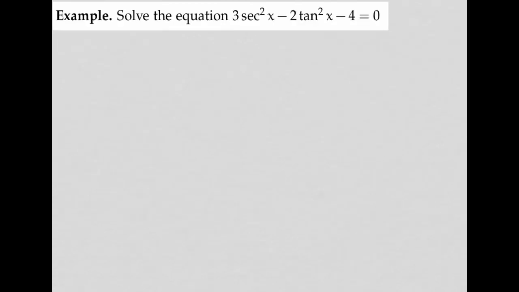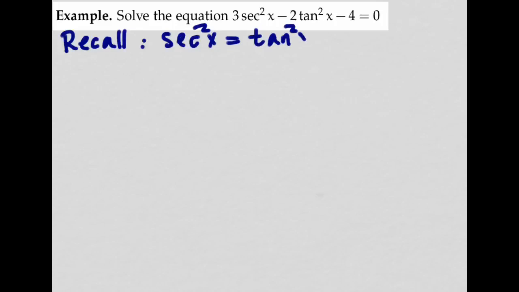Next example, let's solve the equation 3 secant squared x minus 2 tangent squared x minus 4 equals 0. We start out by recalling the following Pythagorean identity: secant squared x is equal to tangent squared x plus 1.